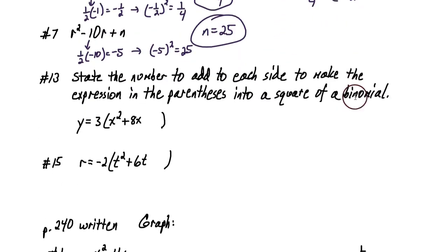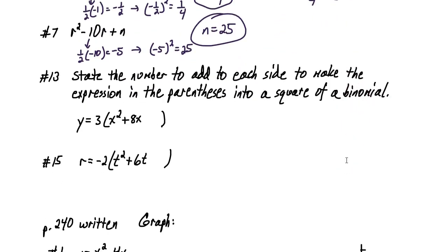Number 13, state the number to add to each side of the equation to make the expression in the parentheses into a square of a binomial. Once again, we have to figure out what is this constant term so that this trinomial is a perfect square trinomial. The process for finding that is to take half of that middle coefficient, half of 8.